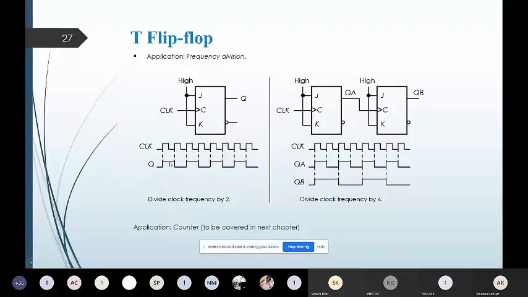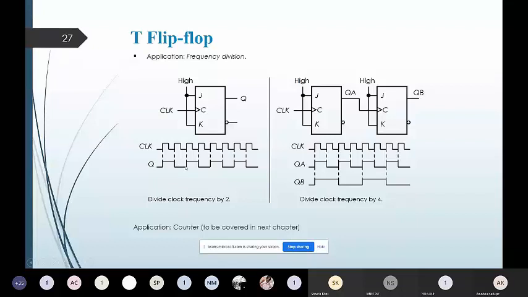This set mode will persist until the next positive edge trigger in the clock happens with a change in the applied input. So in this instant, when the next positive edge trigger has happened, if the T input is 0, then this particular state change is going to happen.